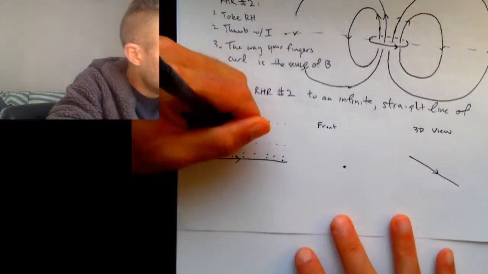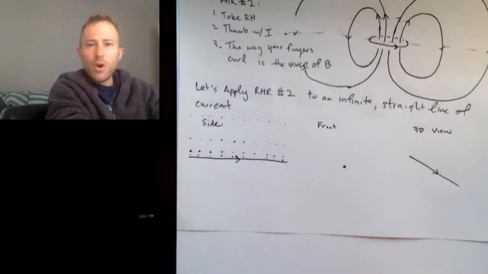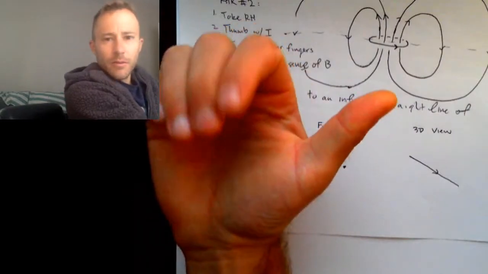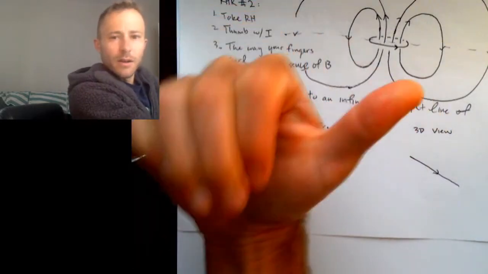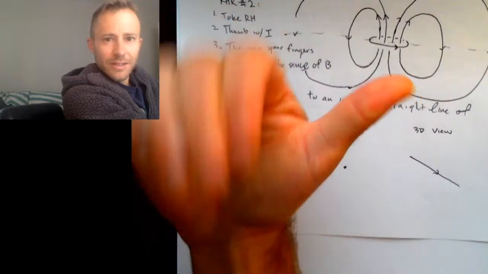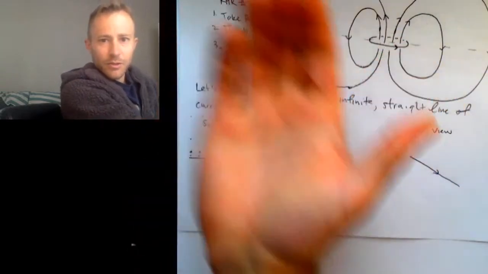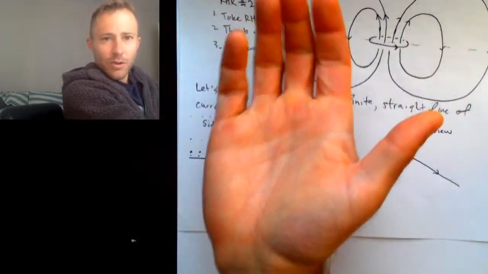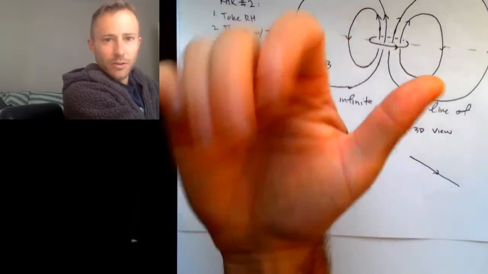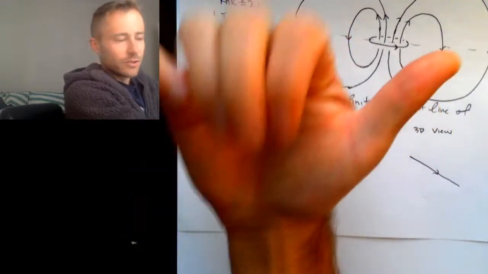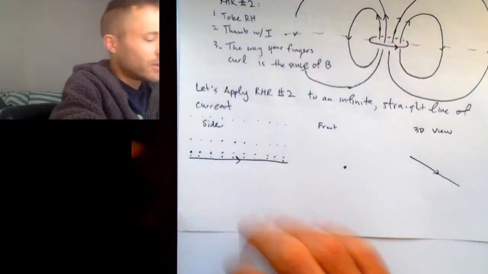In that area. And then if I think about the lower side of the wire, the bottom half, my fingers are curling down into the page, down below the wire, okay? So the magnetic field curls around wires, okay? So the way that my fingers are curling is telling you the sense in which it's curling. So it's curling out of the page and then back into the page down below.